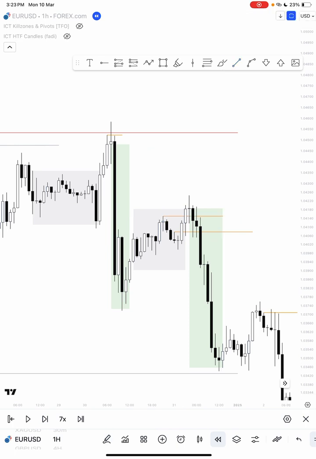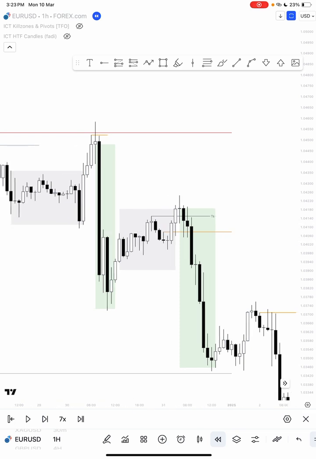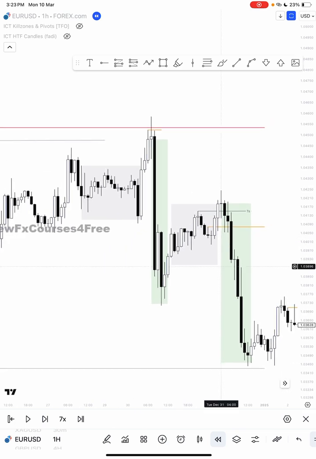and you can see how price went above the midnight open here. That's this orange icon here. So you got your open here and your high here.